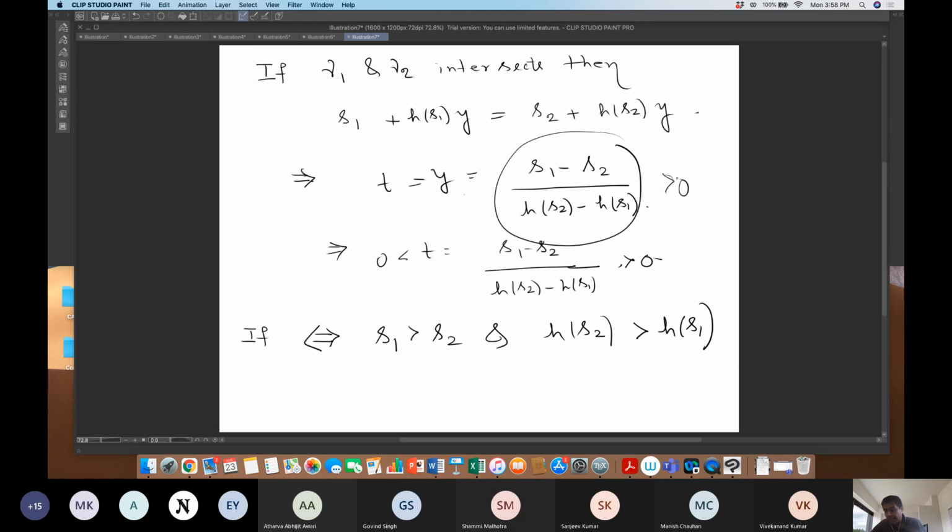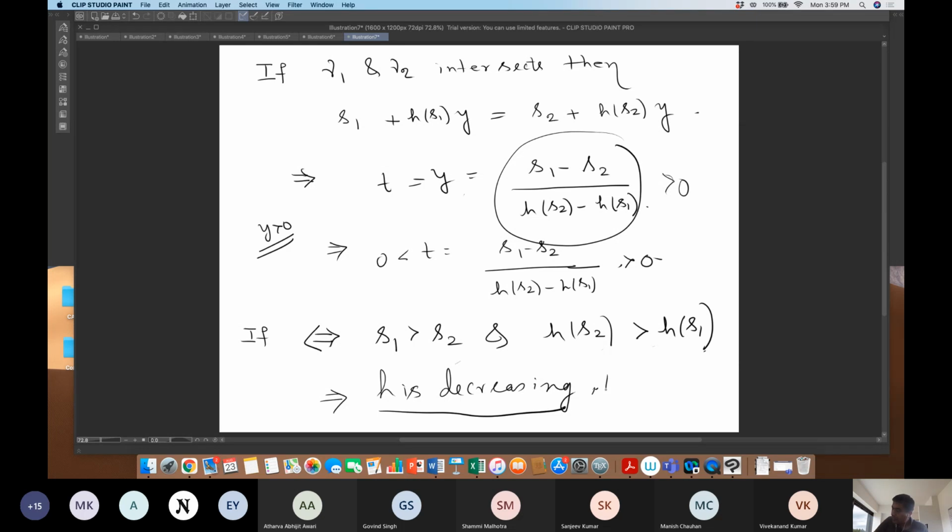If and only if s1 is greater than s2 and h of s2 is greater than h of s1. That means h is a decreasing function.